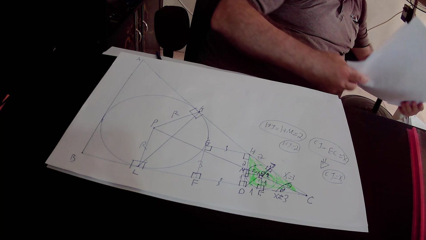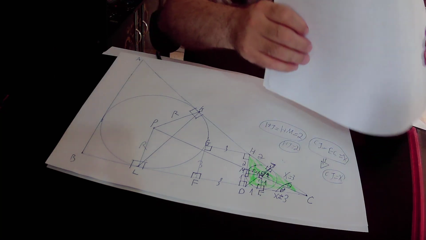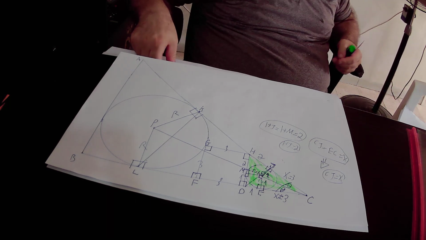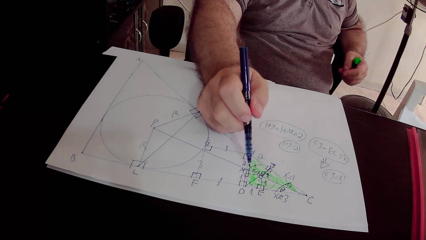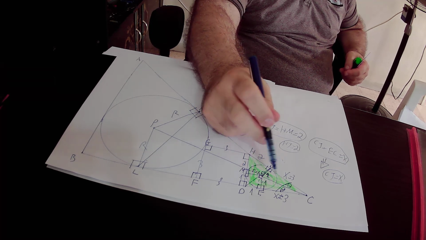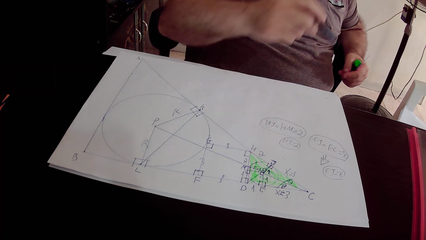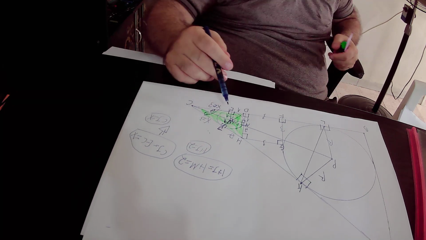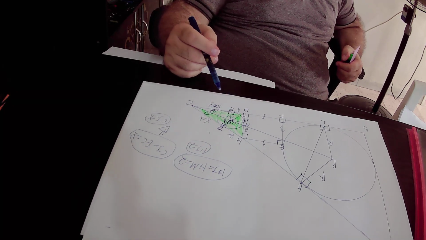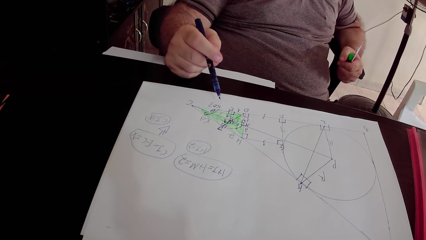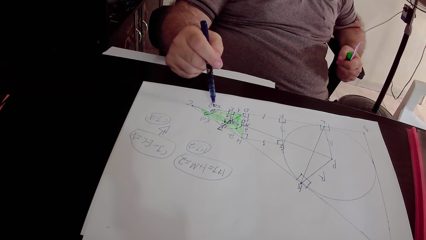So, in the next step, we'll focus on the small right triangle OEC, and we'll define this angle. So this angle equals to theta.